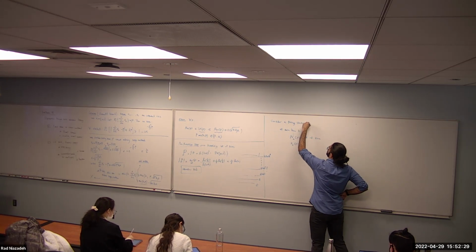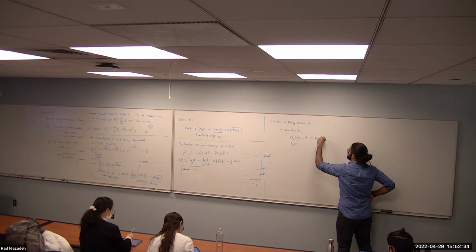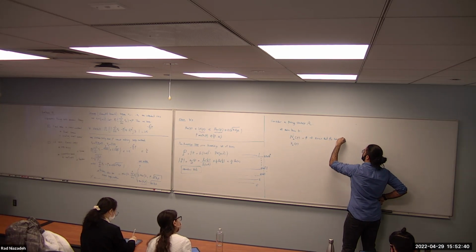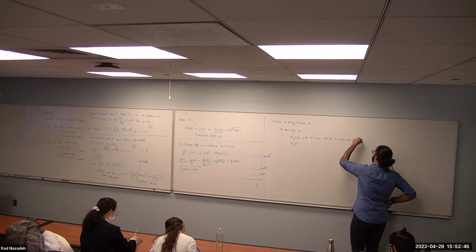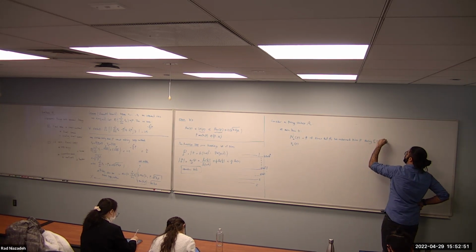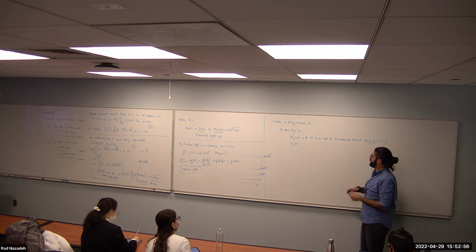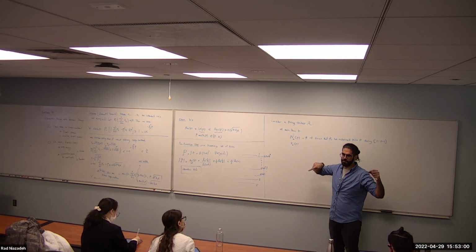NT of P is the number of times that algorithm A has experimented price P during 1 to T minus 1. So at some time T, I look at a particular pricing strategy, and NT of P is the number of times that the algorithm has picked this particular price.